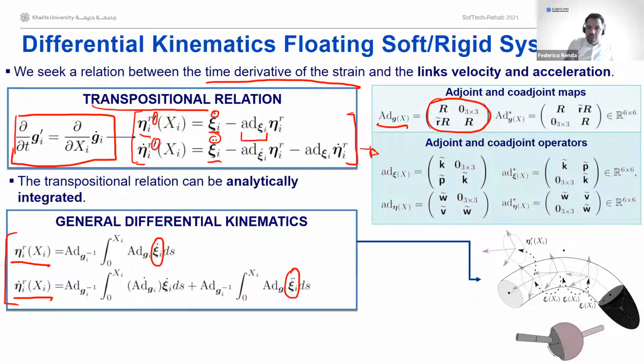Now, this general formulation is valid for soft links, but also, and this is quite nice to note, multidimensional rigid links, such as a spherical joint. As we observed before, in the case of rigid joints, the strains are constant, so we could pull them out here of the integral. And also there are other consequences if the strain is constant that we will see later on.